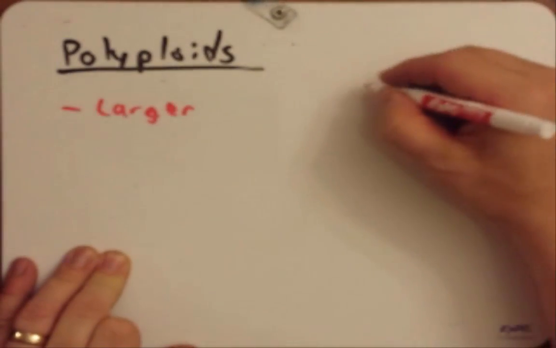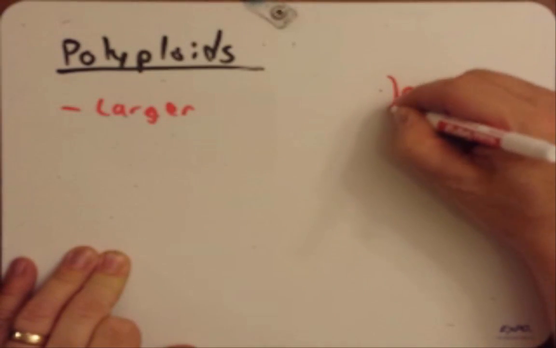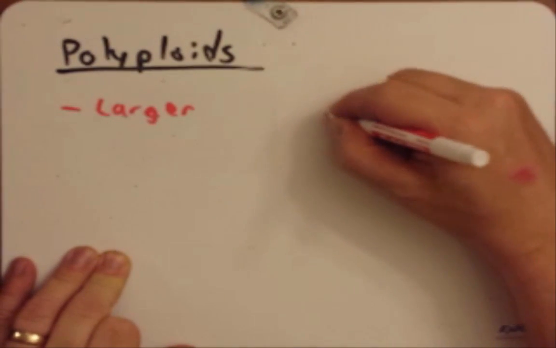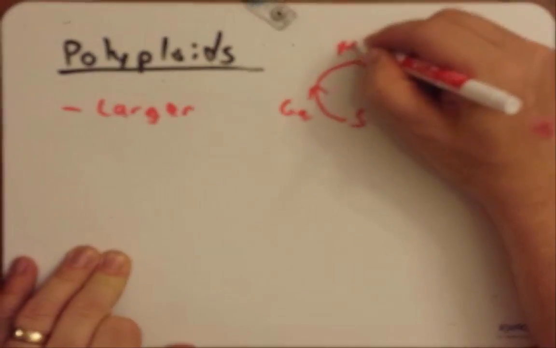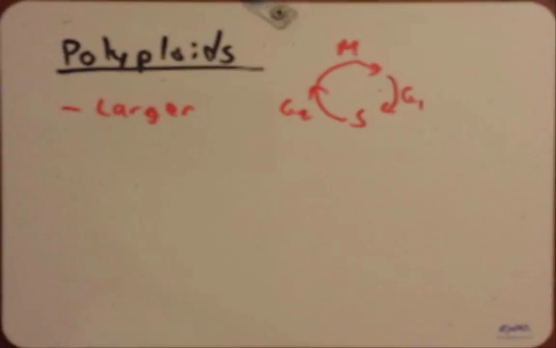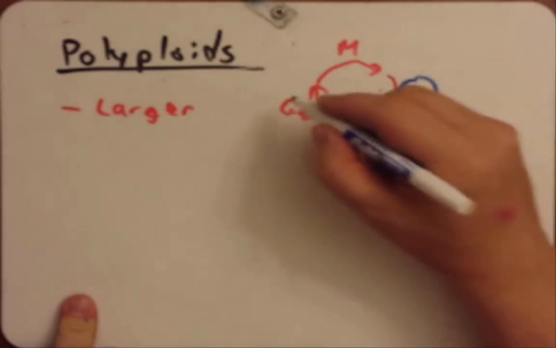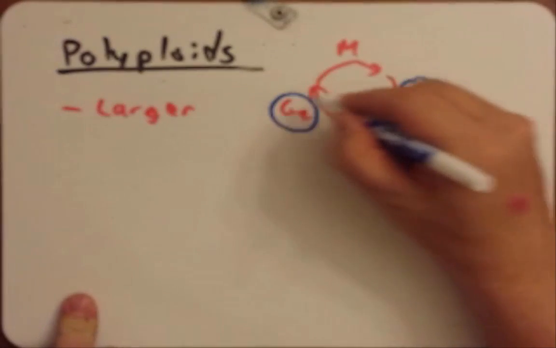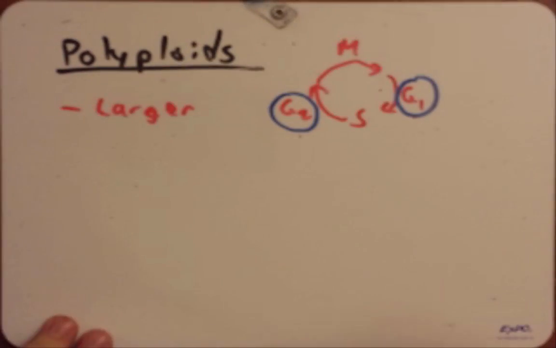And the reason for this is that, remember we talked about G1, S, G2, yes, we're coming back to it, sorry, and M phase. The reason polyploids are a little bit bigger has a lot to do with the fact that when their cells grow, they have extended G1 stages and to some extent G2 stages. So that's why they're a little bit bigger.